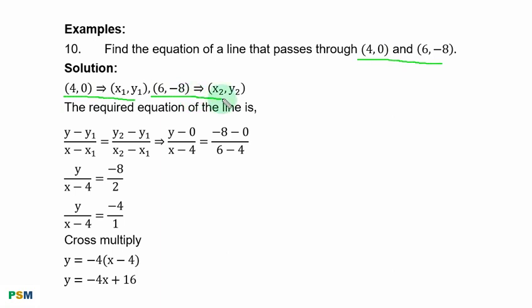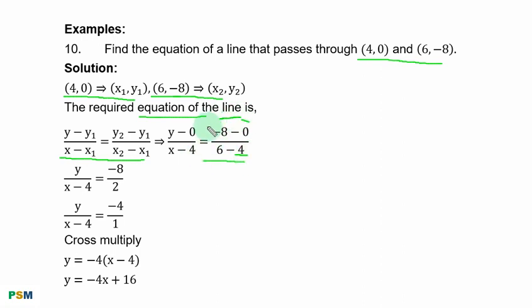Since we have 2 points, the required equation of the line is given by this formula, where y1 is equal to 0, x1 equal to 4. So you have (4, 0). y2 equal to minus 8, x2 equal to 6. You have them in this form. This is y1, then x1.